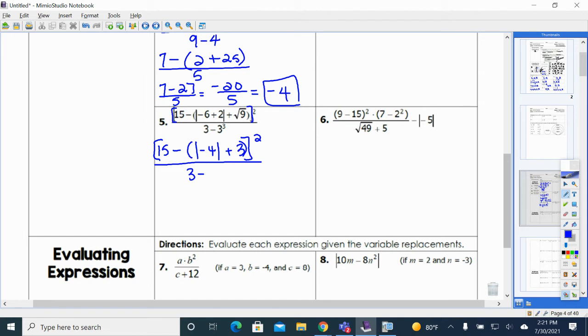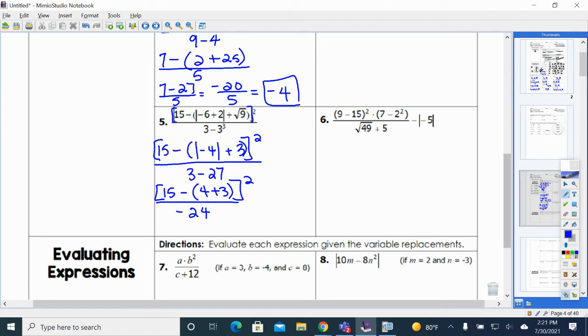Times 3 is 27. All right, going back to the numerator, I'm still working on the inside of that parentheses. Absolute value of negative 4 is 4, plus 3 is 7. And 3 minus 27 is a negative 24. All right, let's keep going here.